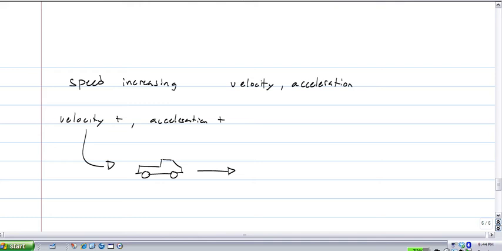What if I said your velocity is positive and your acceleration is positive? Well, what does it mean for acceleration to be positive? Acceleration tells you about change in velocity.